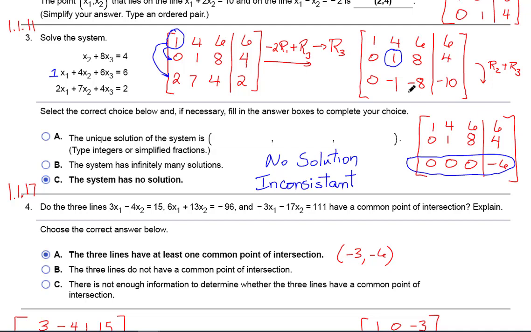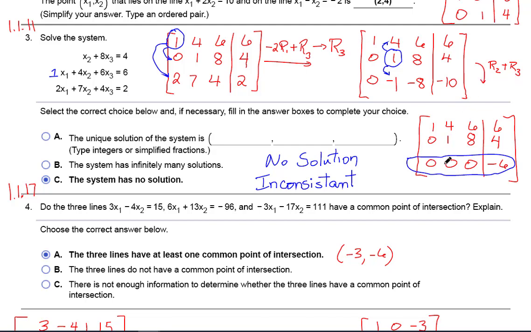And so now with that 1, I need to make a 0 above it and a 0 below it. But before I make the 0 above it, I'm noticing something about these two rows. If I simply add row 2 and row 3, I'm going to make a new row 3.